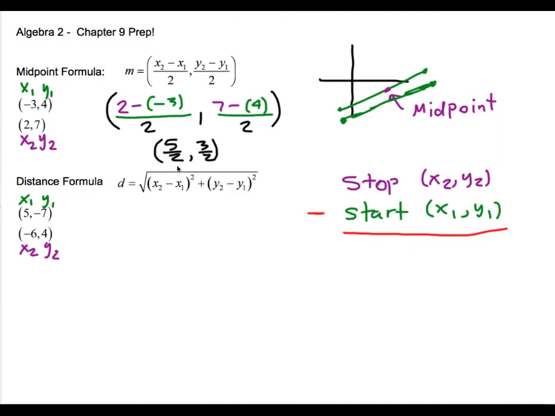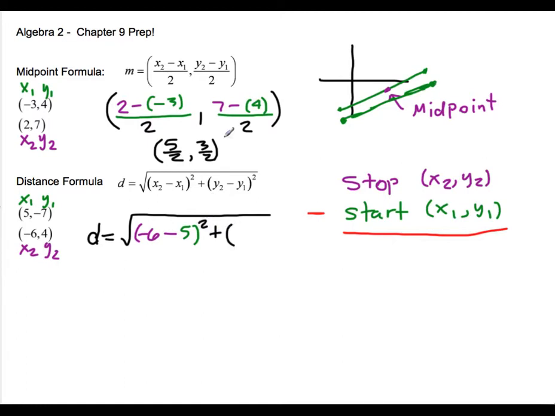We're going to have d, for distance, equals the square root of x2 minus x1. Well, x2 is -6, minus x1, which is 5, and that's going to be squared.